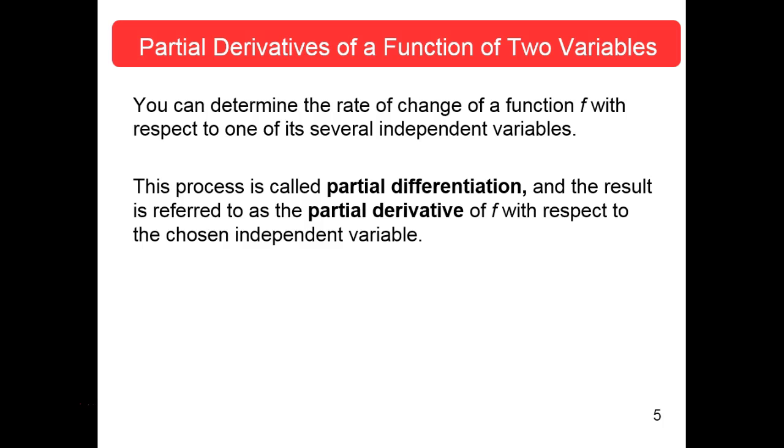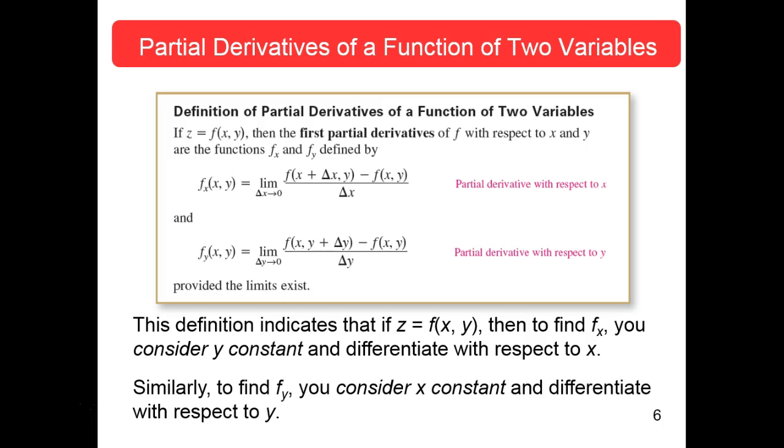And to any one of its several independent variables, this process is called partial differentiation. The result is referred to as a partial derivative of f with respect to one of those chosen variables. We can only take a derivative with respect to one variable at a time, but then you can do multiple variables. Okay? And here's the definition.